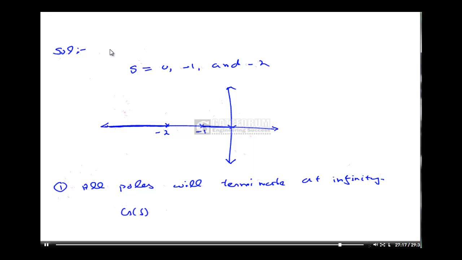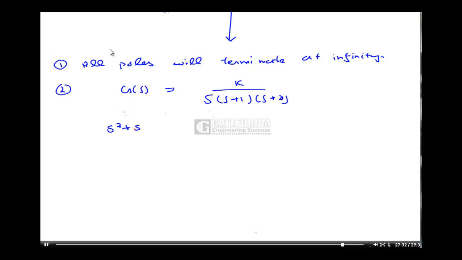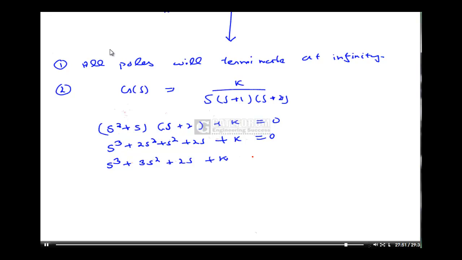If we look at this G(s), k upon s into (s plus 1)(s plus 2), and apply the Routh criteria, then we can find there will be some values of k for which the system is unstable. The characteristic equation is s cube plus 3s square plus 2s plus k equal to 0.